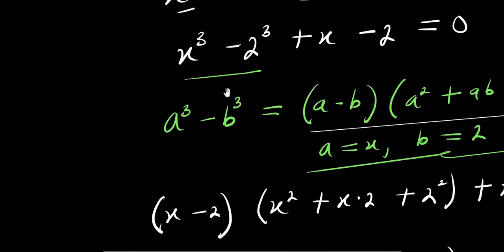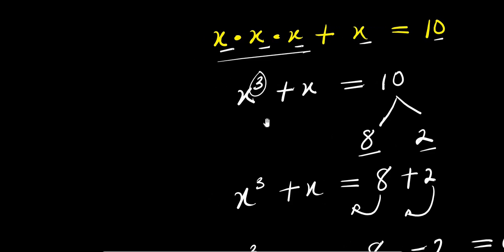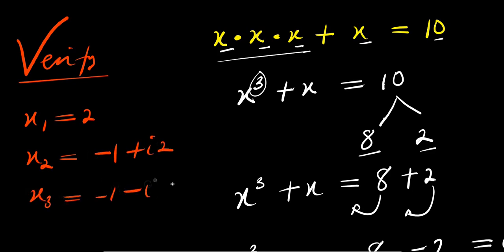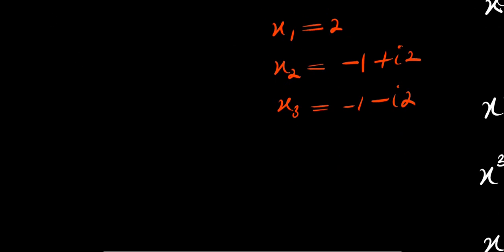Now, let's go ahead and verify. Our x1 equals 2, x2 equals negative 1 plus i times 2, x3 equals negative 1 minus i times 2. And the equation remains x times x times x plus x equals 10.